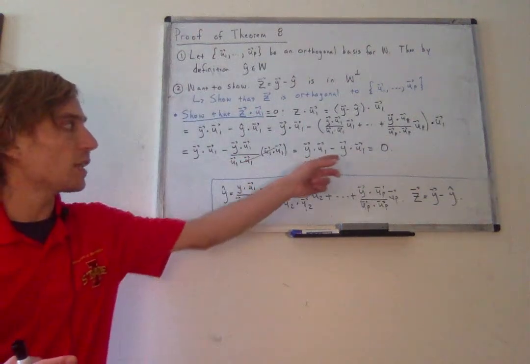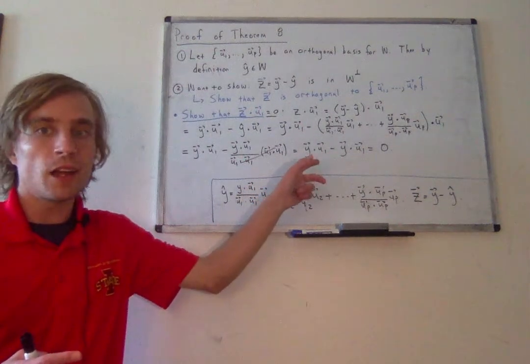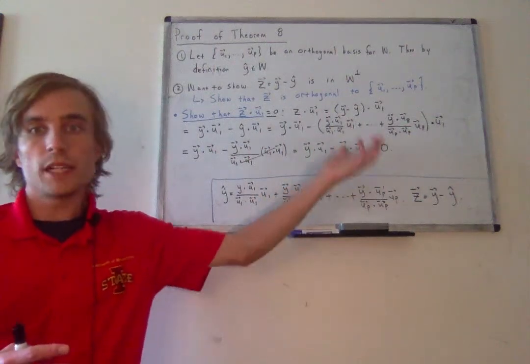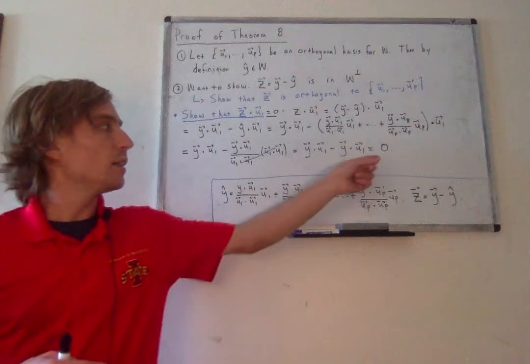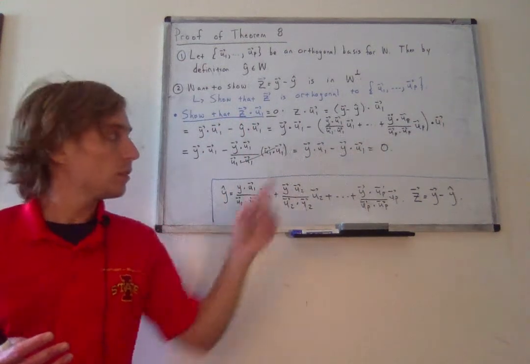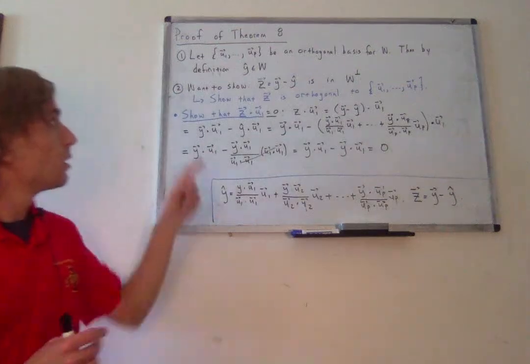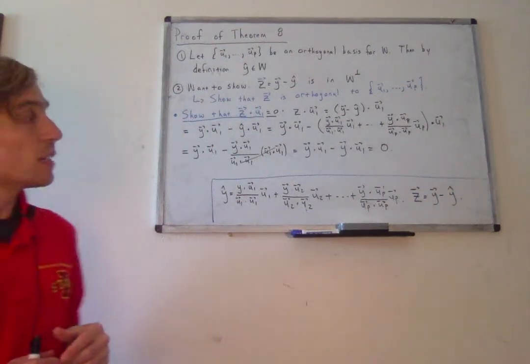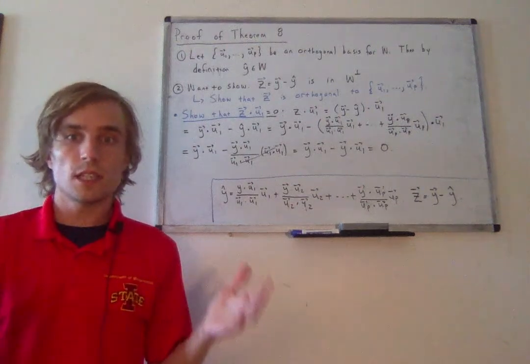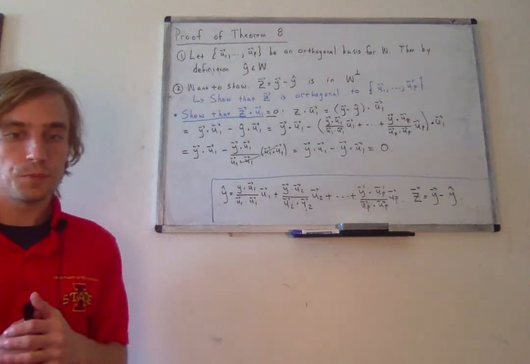So every time at this step, you'd wind up with y dot u2, u3, ui minus the same y dot u2, u3, ui. And so no matter which vector you'd selected, in this case we selected u1, you'd get 0. So as it turns out, z is orthogonal to this basis, meaning z is orthogonal to the entire subspace W.